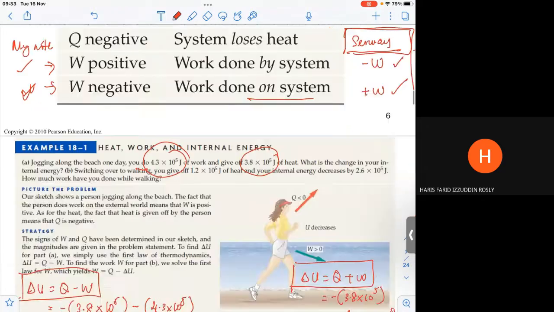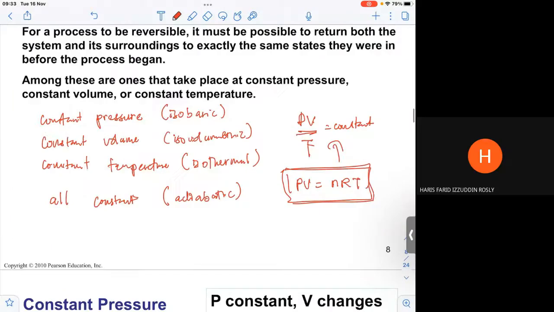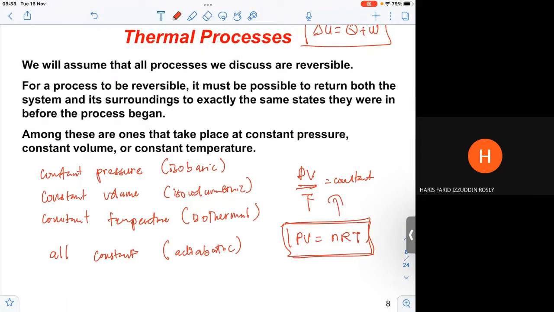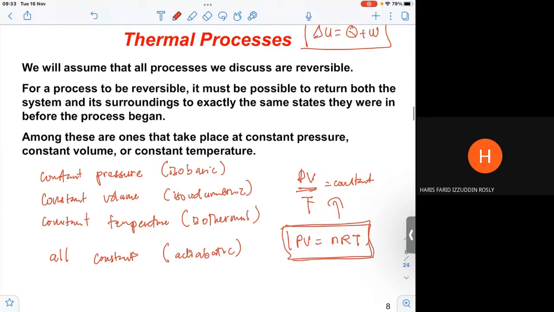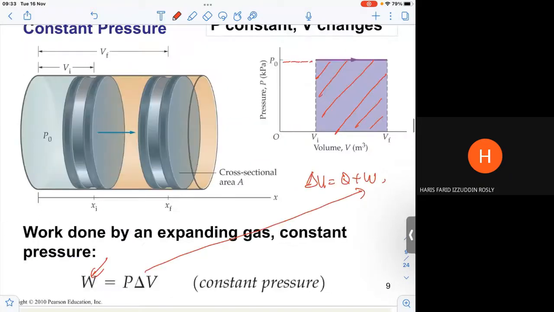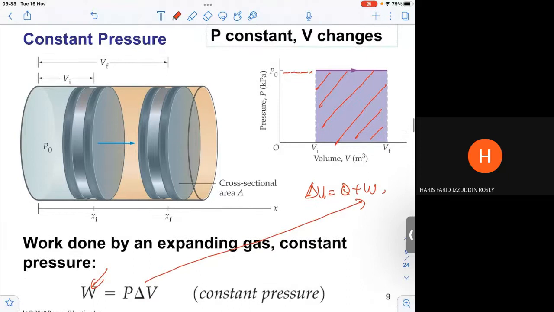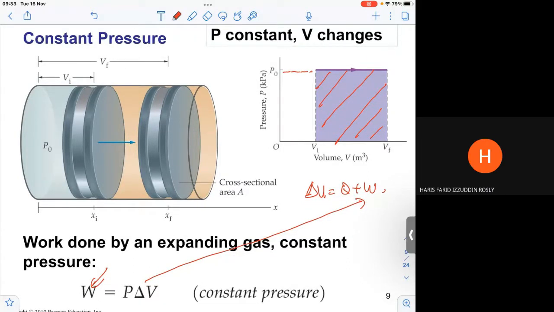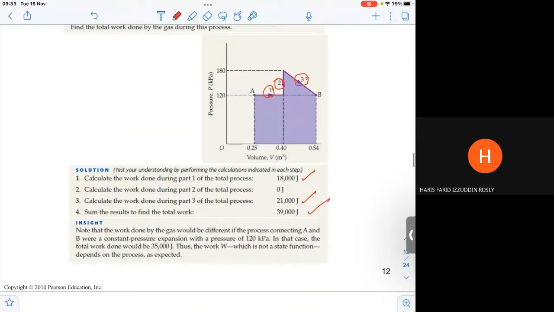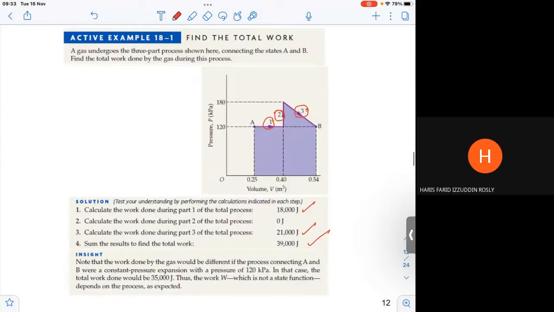Okay, so you can see the four thermal processes: constant pressure, which means isobaric; constant volume, which is isovolumetric; constant temperature, the isothermal; and adiabatic, where heat is constant, Q equals 0. Then we look at the details.